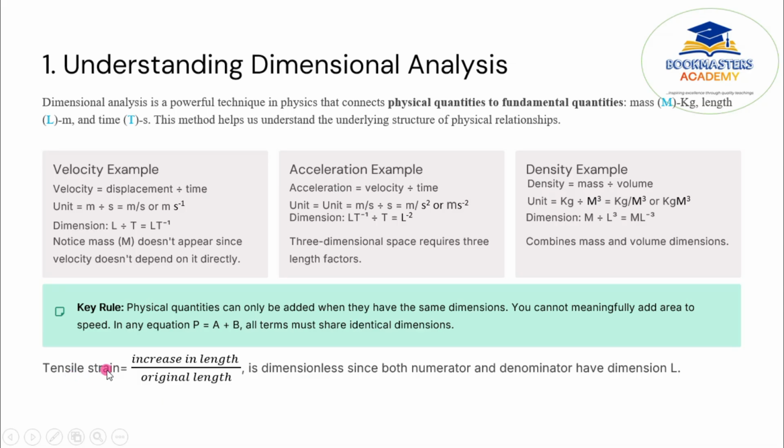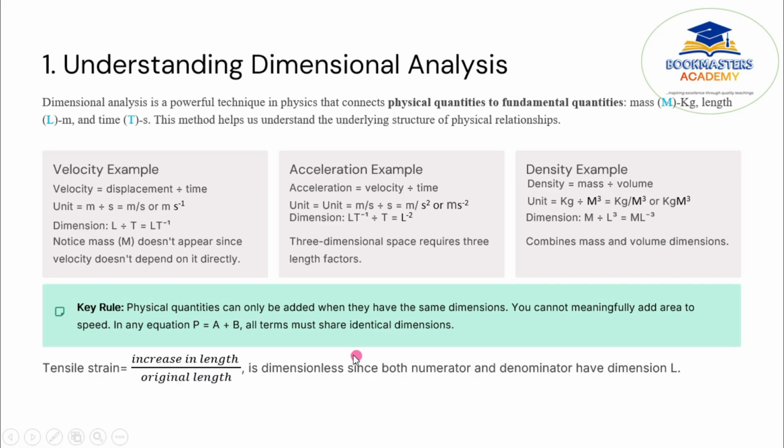So tensile strain is increase in length all over original length. So it will just be extension over length. Some people just say it's extension. Yes. So increase in length is actually extension, obviously. This is not wrong, but this is the same thing as extension. So extension over original length.